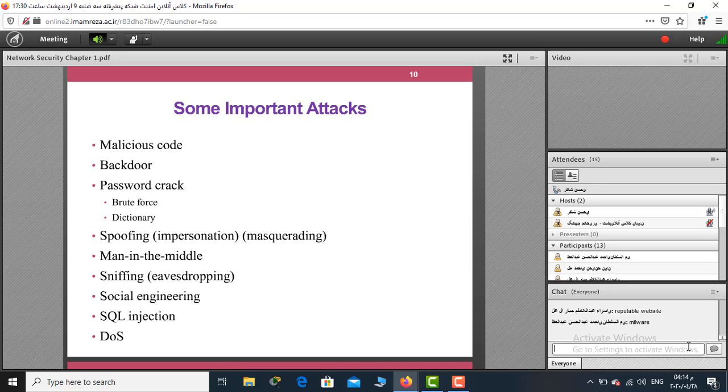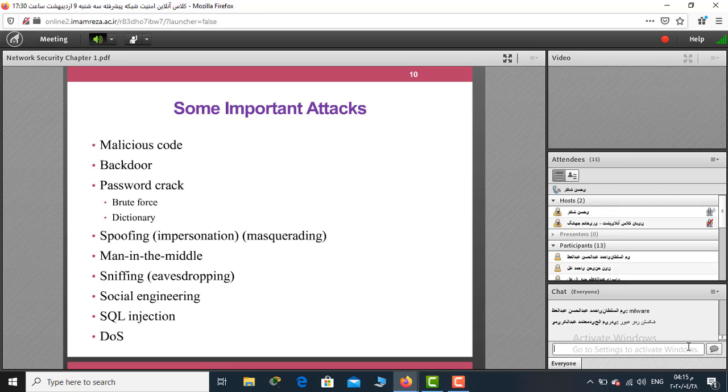Well, another attack is password cracking. Of course, password cracking is too general, and it includes several types of attacks. There are several ways for password cracking.